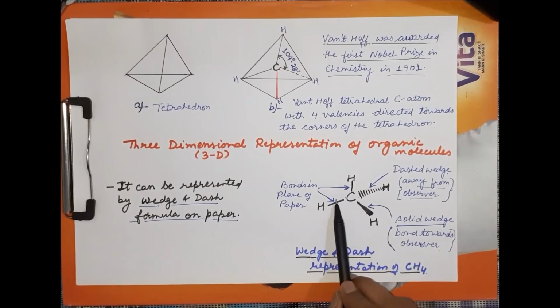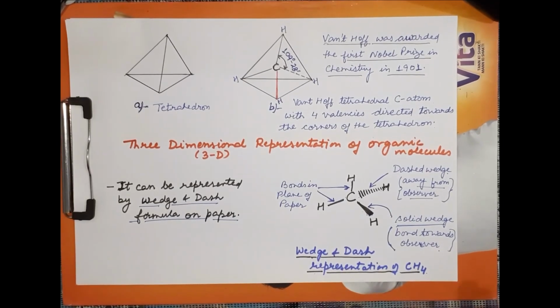And both these bonds, which are shown by a normal line, are said to be in the plane of the paper.